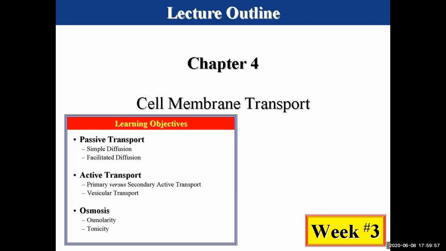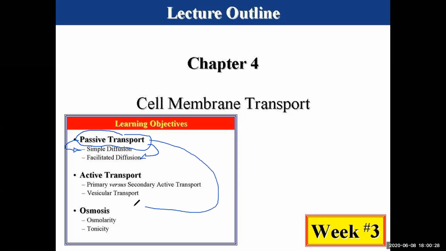So to briefly introduce the gist for the lecture, there are passive transport mechanism and active transport mechanism. There are three examples, three types of passive transport: simple diffusion, facilitated diffusion, and the third type is osmosis.